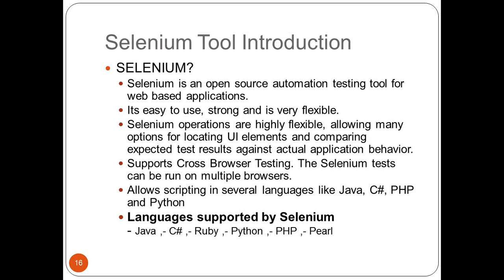So to validate this cross-browser support, you can use your Selenium WebDriver automation tool. You can use any programming language which is supported by WebDriver. It is not one or two, all major languages: Java, C#, PHP, Python, Perl. You can write your code and start executing your automation.